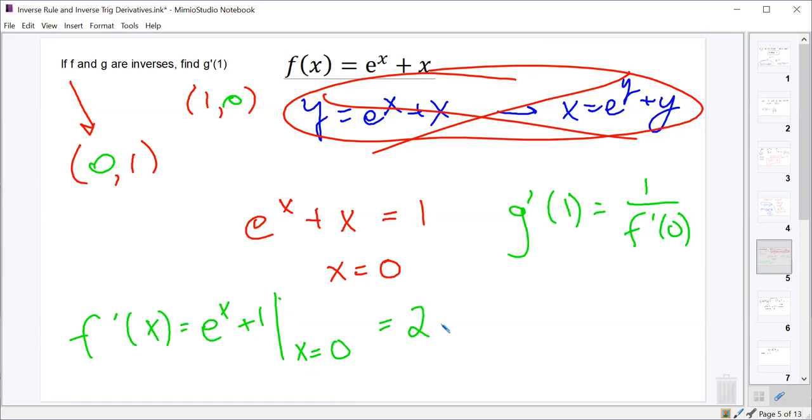We get 2, right? And so our g prime of 1 ought to be 1 over 2. Everybody good with that? All right, cool. Any questions?